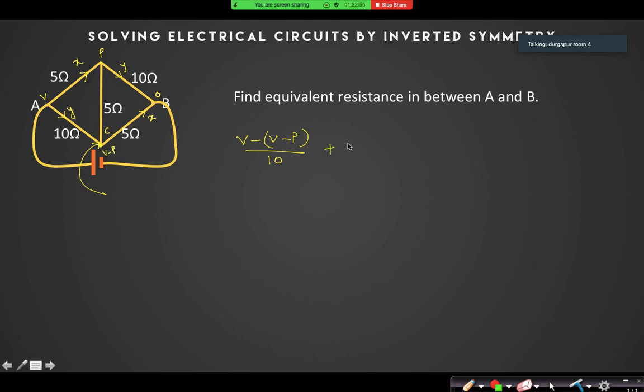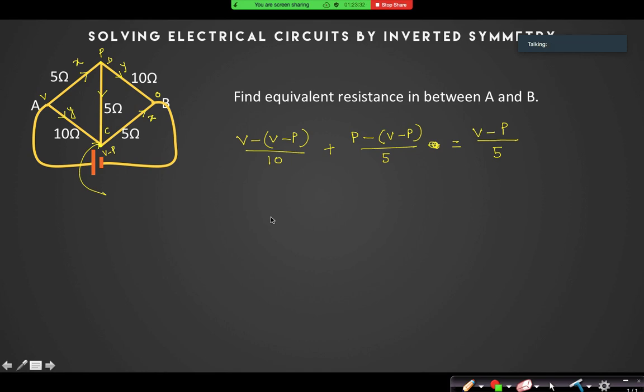Let us assume this point is D. From D to C, what is the current? Can I say it is P minus (V minus P) divided by 5? These two currents are added, and they are equal to the current from C to B, which is V minus P divided by 5. Yes or no?